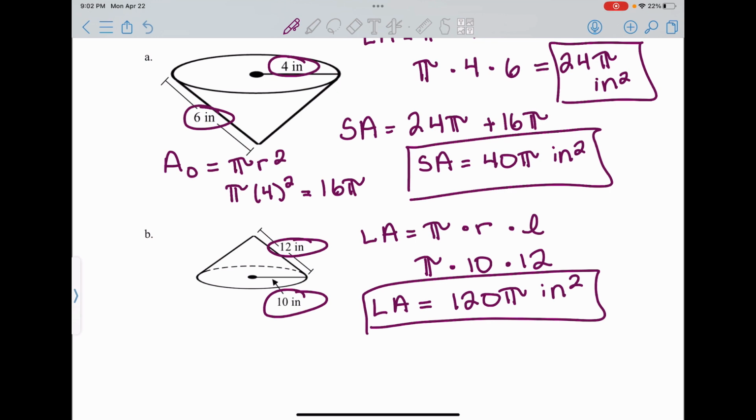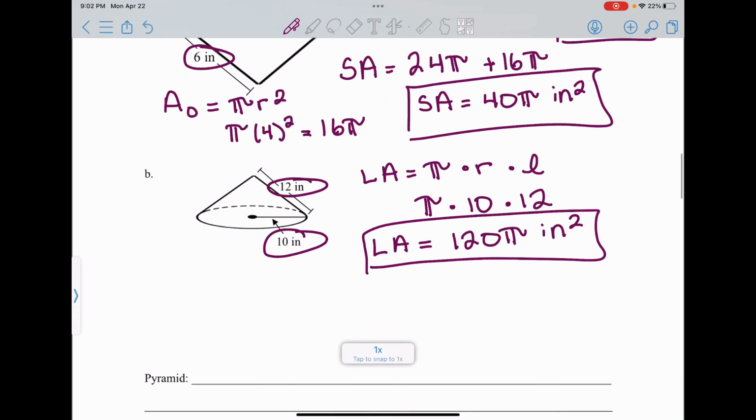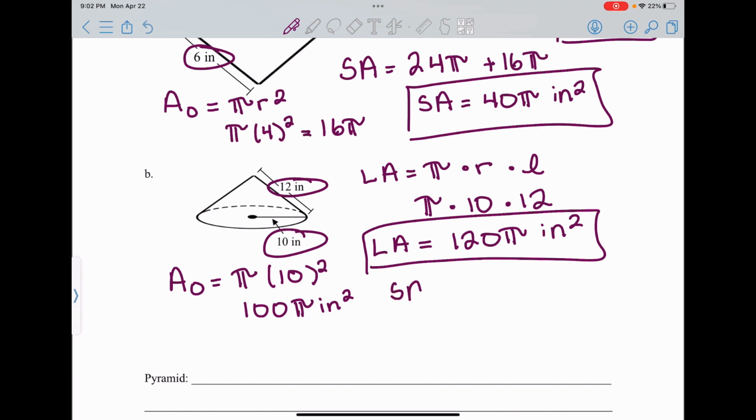Then to find surface area, I have to start by finding the area of my base, which I will use pi r squared for. So pi times 10 squared, which gives me an area of my base of 100 pi inches squared. Then to find surface area, I just have to add this to my lateral area. So 120 pi plus 100 pi gives me a surface area of 220 pi inches squared.